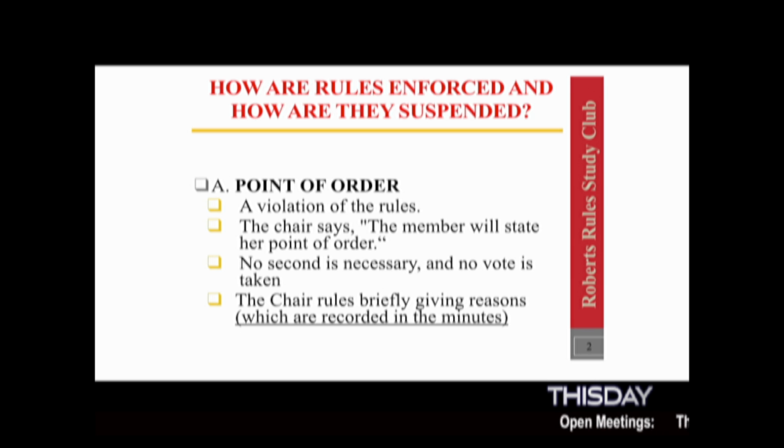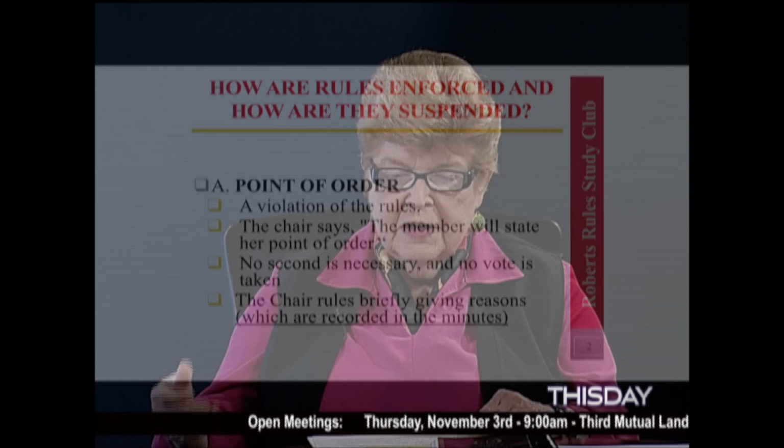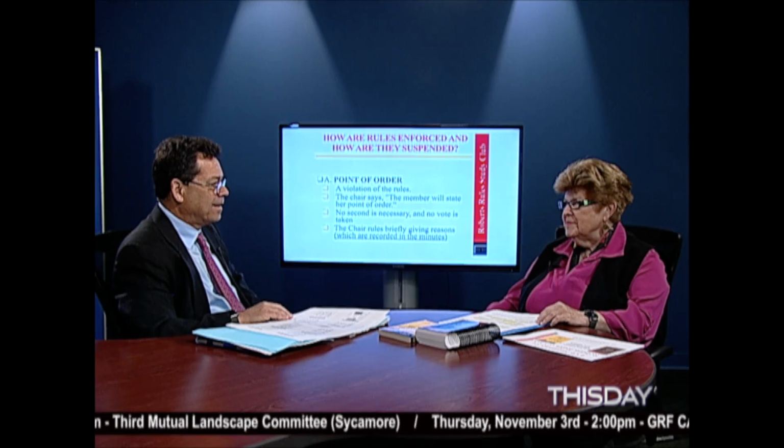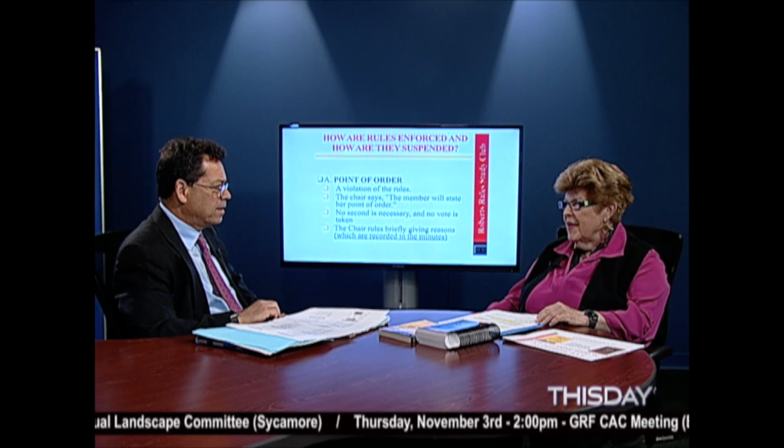So the chair then rules whether this point of order is well taken, and he agrees with this, or whether it's not well taken. And in both cases, if it's not well taken, he has to give his reasons for not taking it. And then if he doesn't take it, then you go on, unless someone makes an appeal. So you can appeal a point of order?